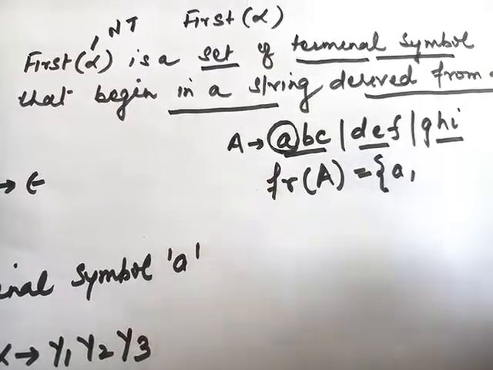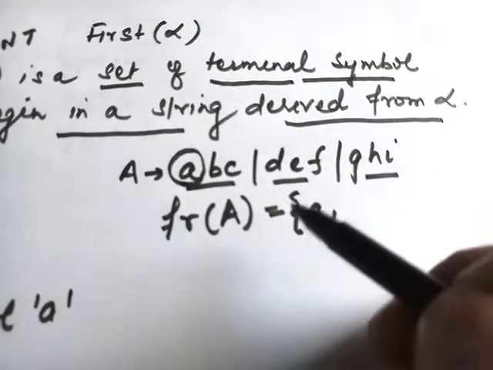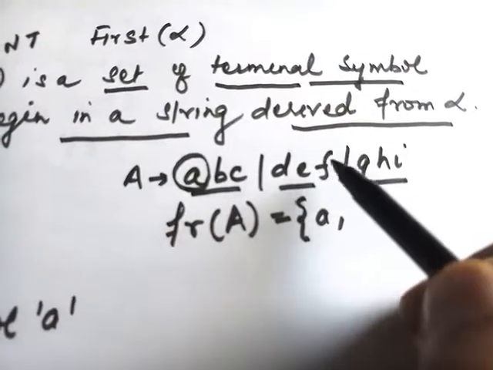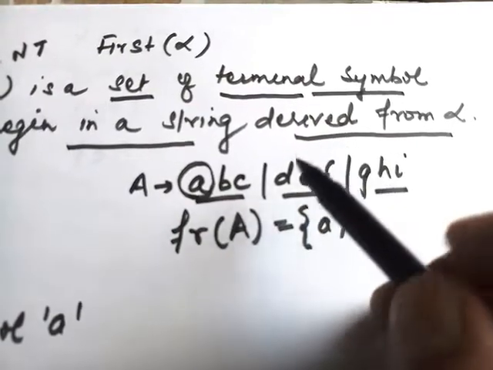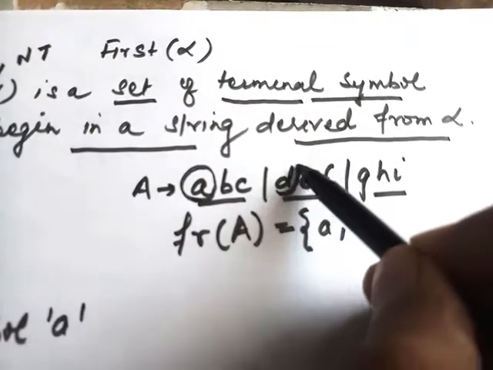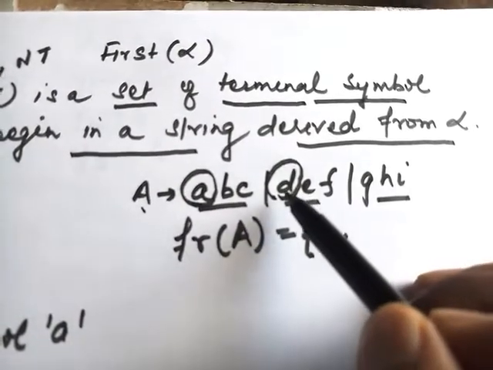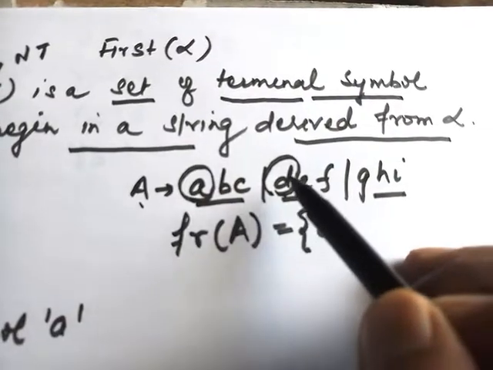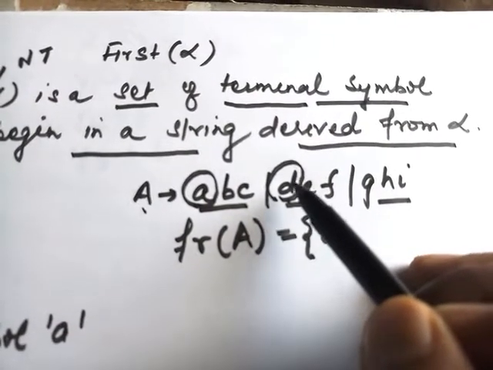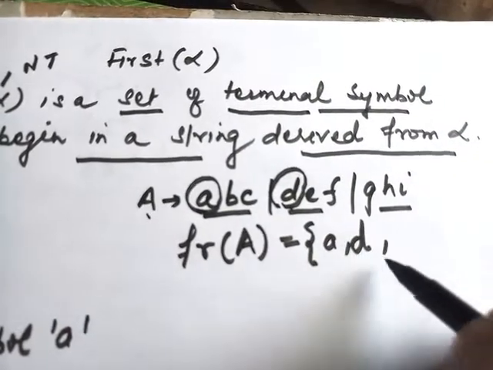Similarly, go to the second production. In the second production, again all these three are terminals. So what is the first symbol? This is my first symbol. So first of A is the first terminal derived from a string of A. So you can say this is d.